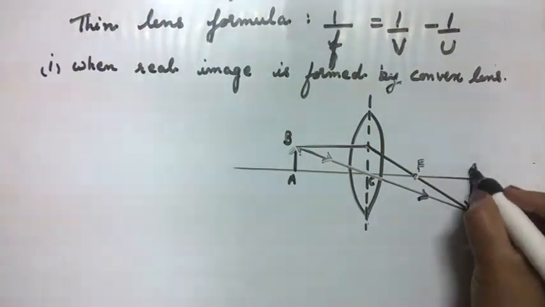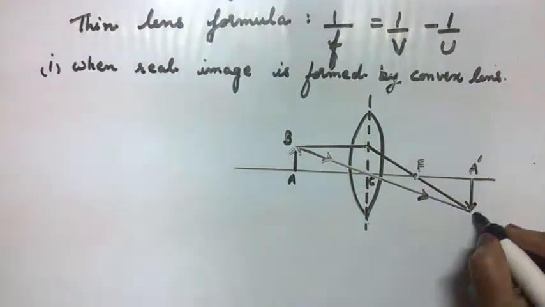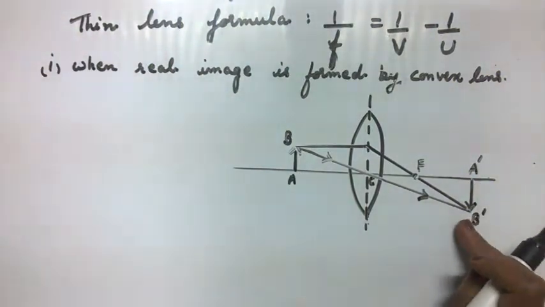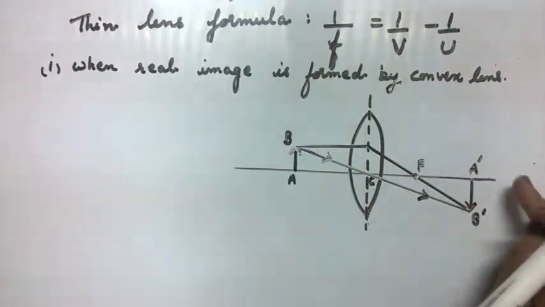Therefore, AB will become A dash B dash. Real and inverted, diminished, and between focus and 2f.